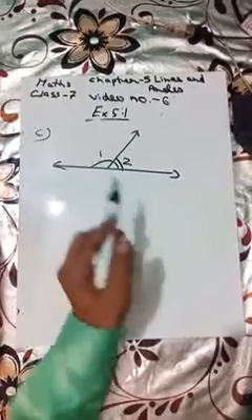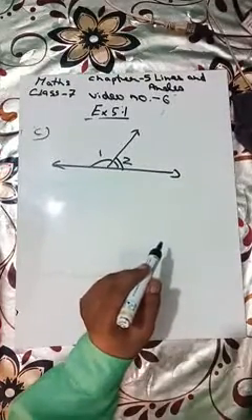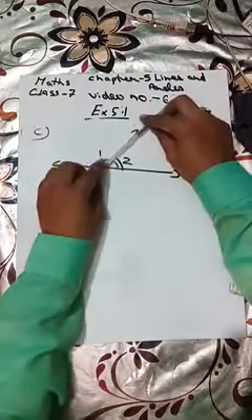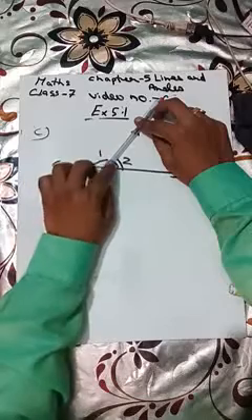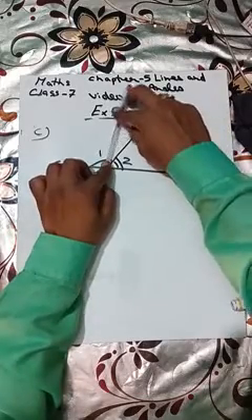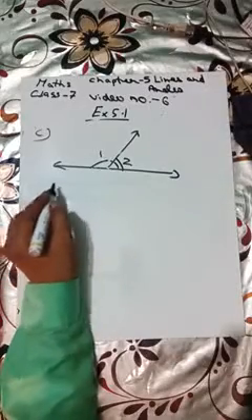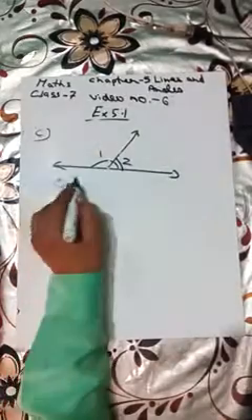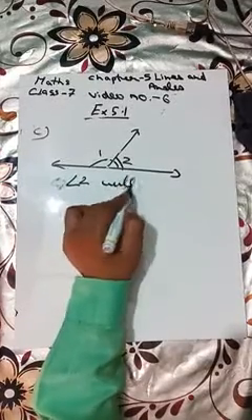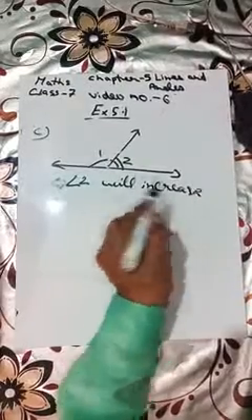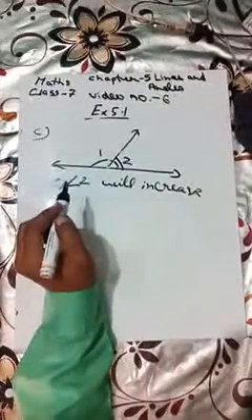See, decreasing means, let me explain, look at this angle. Okay, this is angle A. Decreasing means this pen will move this side. Now the angle is decreasing. Look at this. So what is happening to angle 2? It is increasing. So angle 2 will increase.